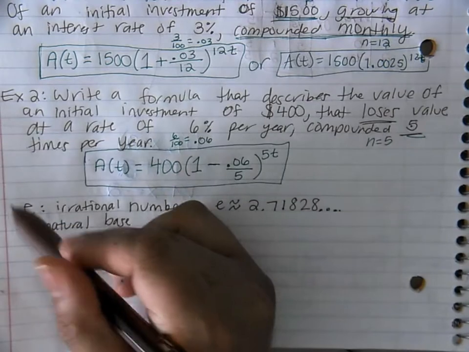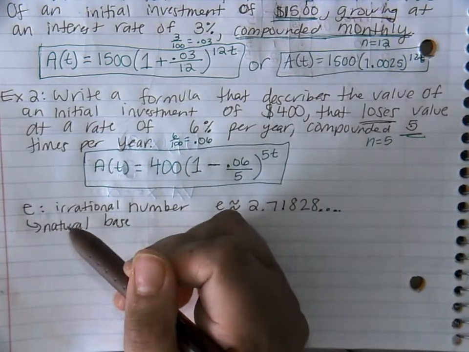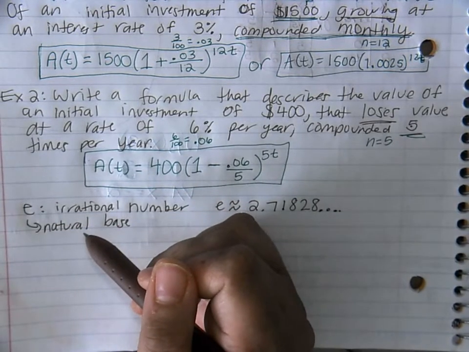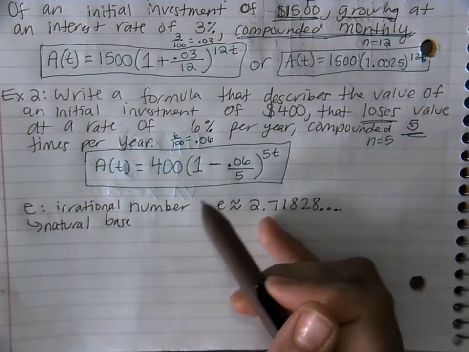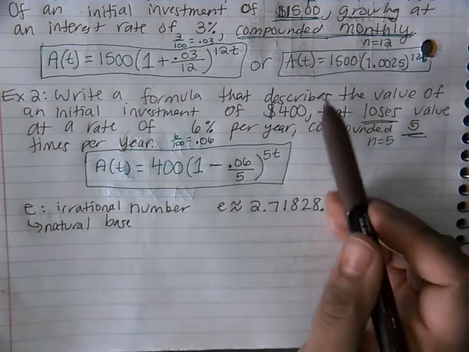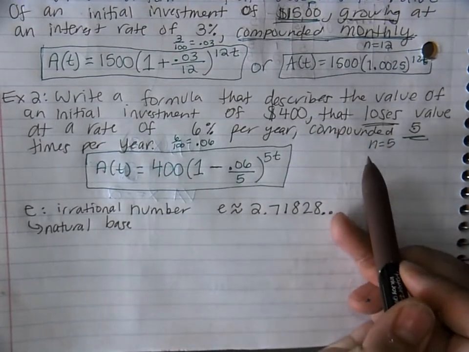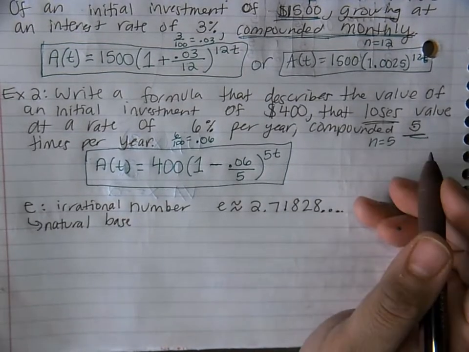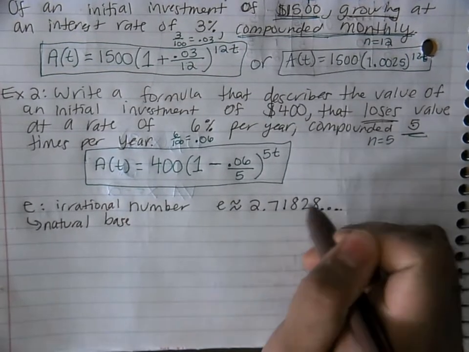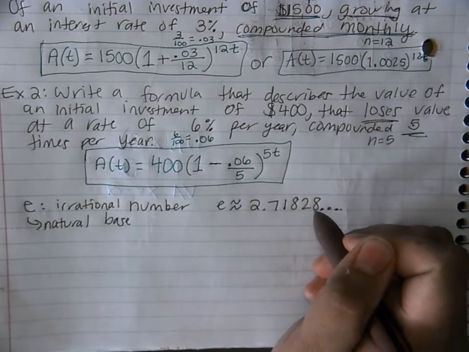What mathematicians found was that the more and more times they compounded something, it started approaching this letter E. So as you were compounding more and more frequently, from 5 to 12 to 365 to 1,000 to as many times as you could, it started getting closer and closer to this value.